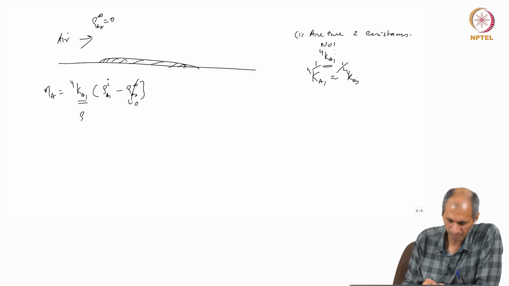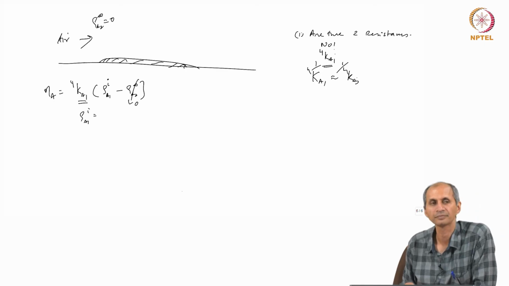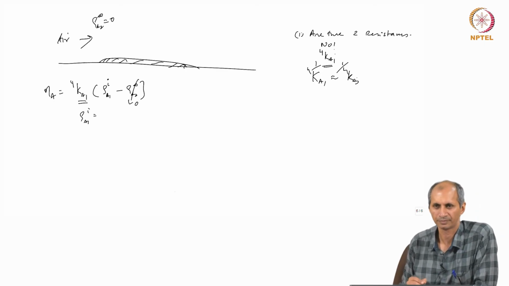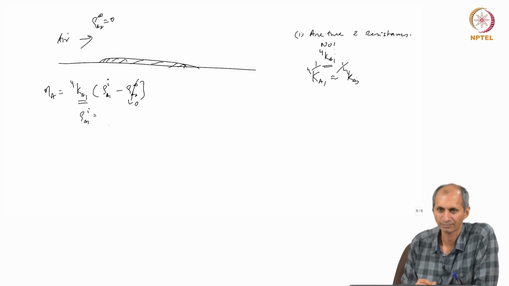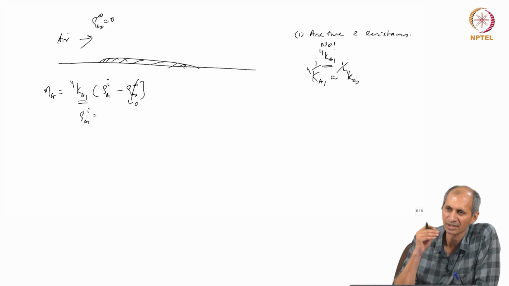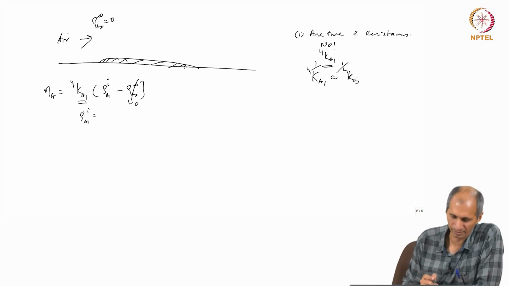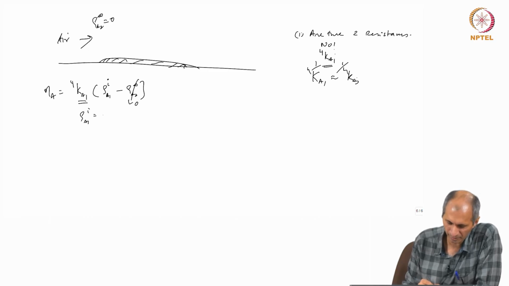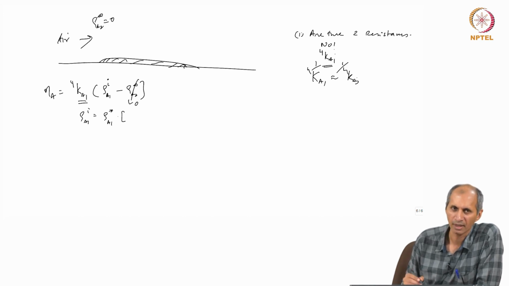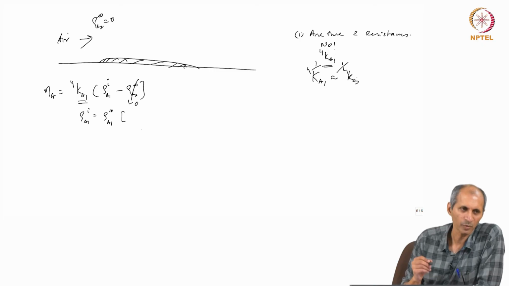Flux is now, what is rho A1i? What is rho A1i? It is a concentration in the air in contact with the pure substance at the interface. What is that? It is in equilibrium with the interface. So, in this case we are talking about concentration in air in contact with pure substance.